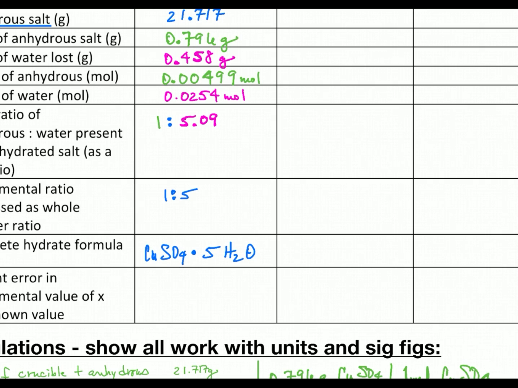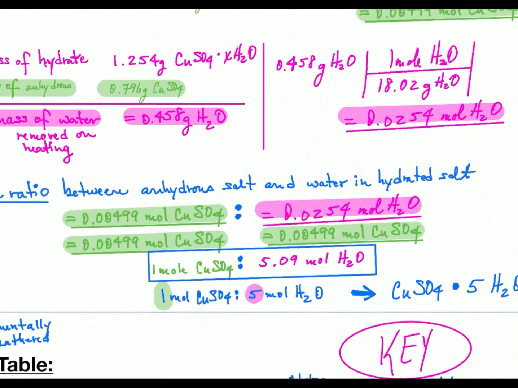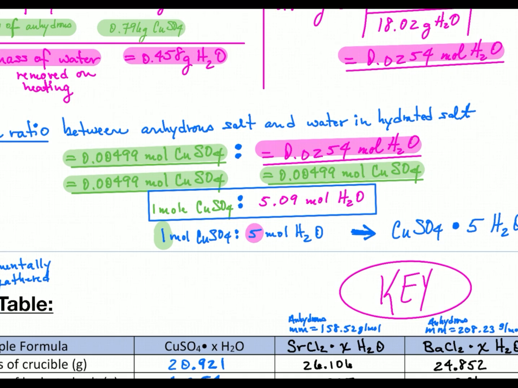And to do your percent error, that will be the difference between the 5.09 minus the 5 in the numerator divided by the theoretical and true value of 5 times 100.